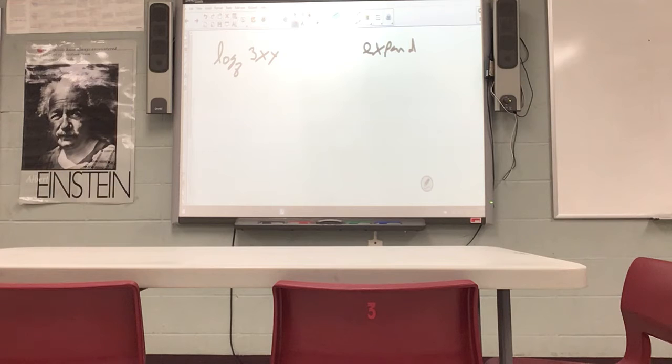So we're gonna be using the product property, and the product property is friends with addition. So I'm gonna separate this into as many log base 8s as I can using all addition, because it's all product property. So log base 8 of 3 plus log base 8 of x plus log base 8 of y, and I expanded it.